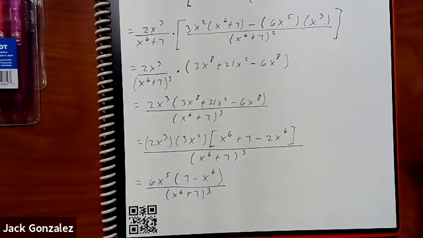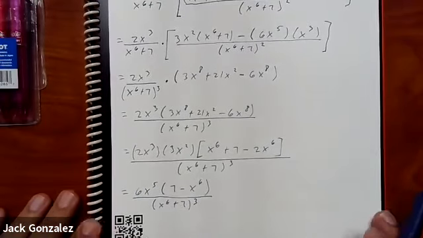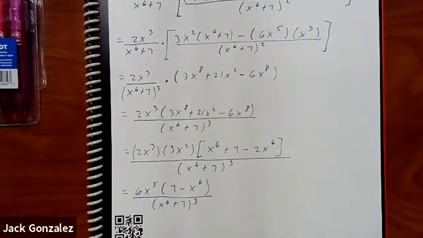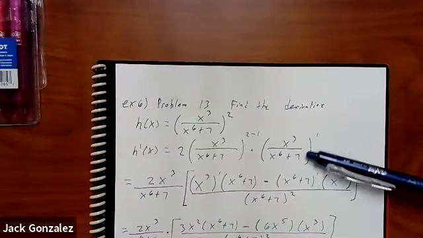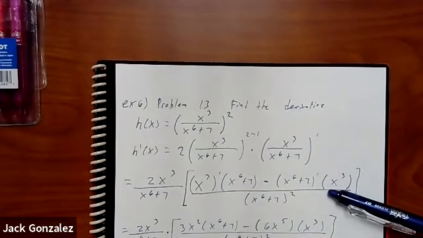Any questions on any of the algebra steps? So that was basically the quotient rule first and then the chain rule. Yeah, it started with the chain rule here, which then created a quotient. Oh, okay.